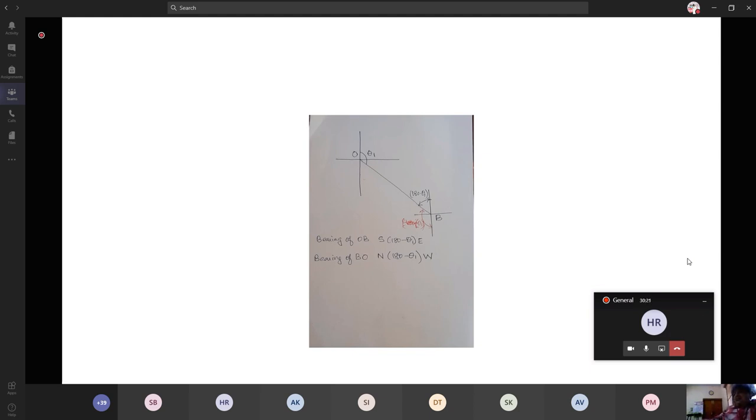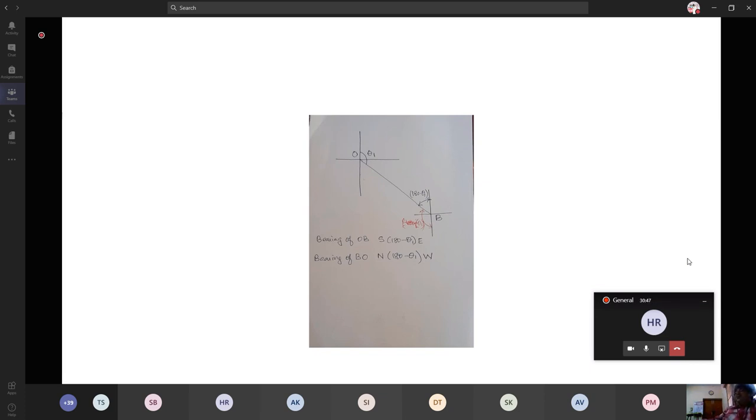21 degree. What is the bearing of a line BA? 201. 21 plus 180, 201. Okay, right? Suppose I say that the bearing of a line AB is north 21 east.